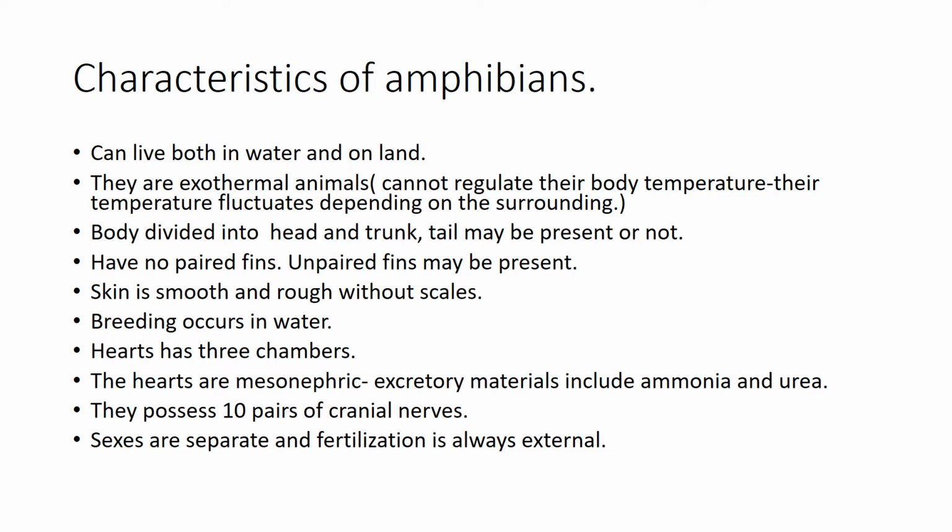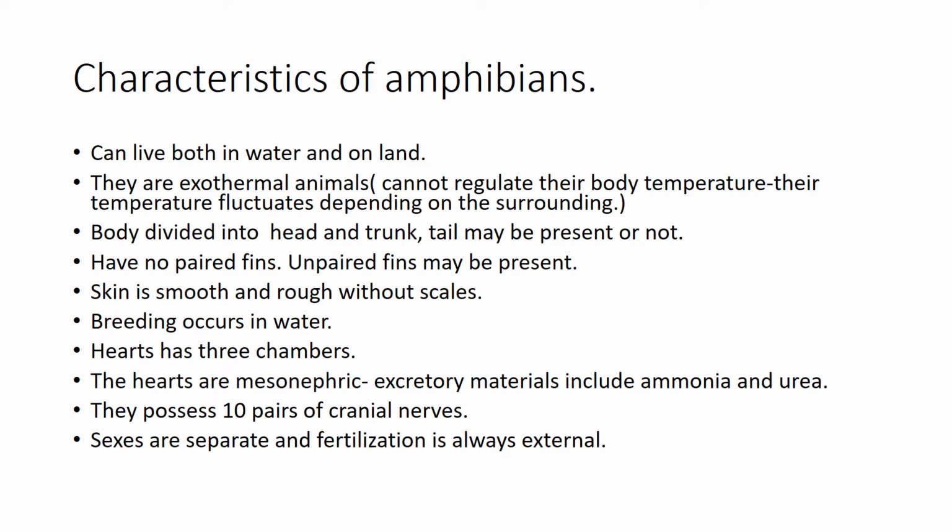Mesonephric kidneys are not so advanced like in mammals, which have metanephric. So there was a mistake earlier: it's not the heart, it's the kidney. The kidneys are mesonephric, and they can only excrete ammonia and urea.